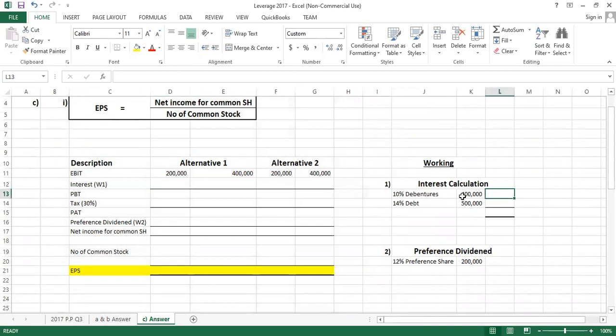I already put in the amount 400,000. Then calculate the interest: equal 400,000 multiplied by 0.1, 10%. So the 400,000 interest is 40,000.